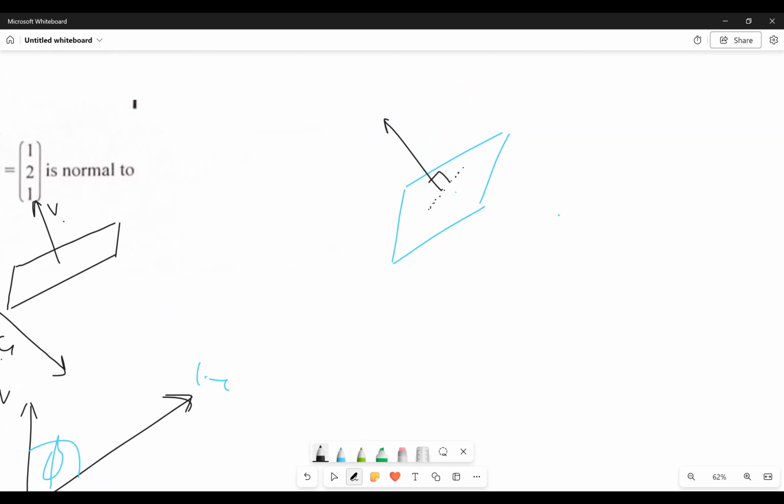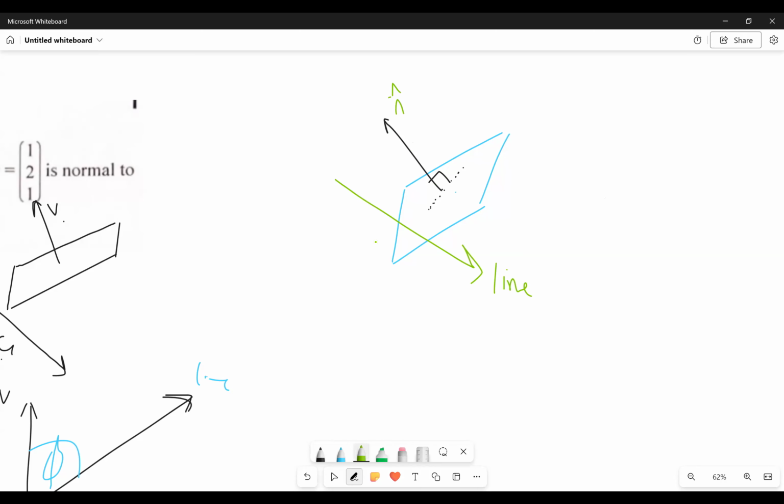Now, because we have this line that goes like this, this is the line that we want to find the angle with, and this is the normal that we found.